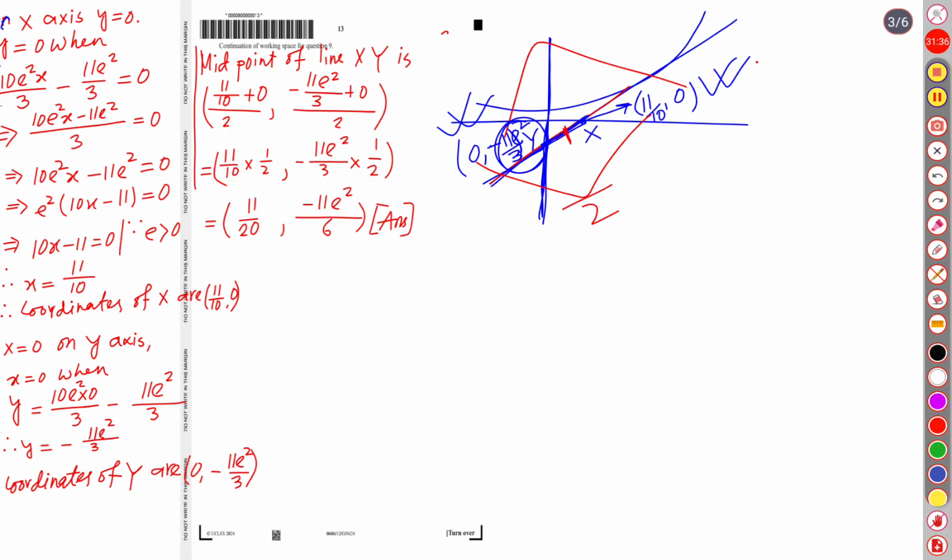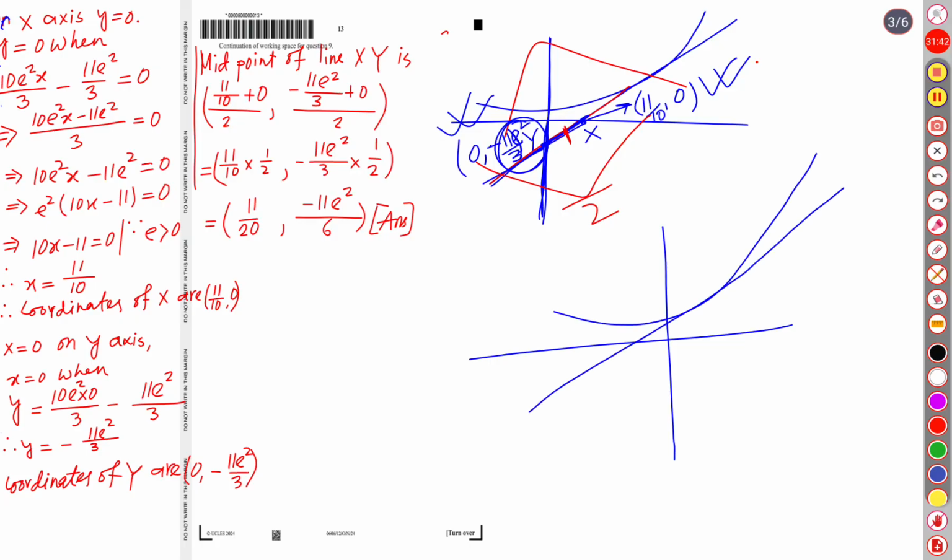Suppose this may be the curve, and our tangent goes this way, somewhat like this, not like this. So this is our x, this is y, and we are searching for the midpoint of these.